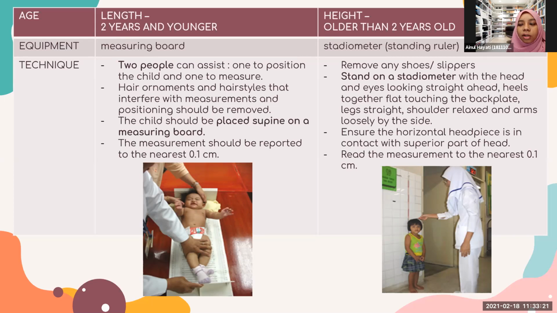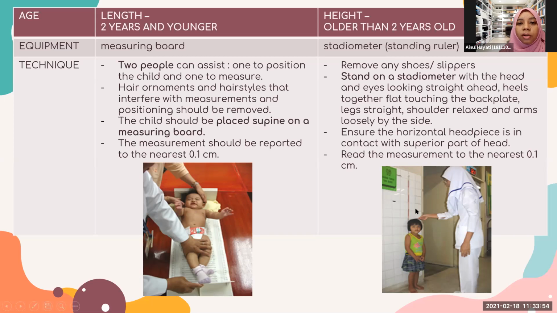So for children older than 2 years old, we should use a stadiometer, in the picture here, which is a standing ruler. Before the procedure, we must remove any shoes or slippers or any orthopedic braces such as leg braces, if possible. The child should stand on the stadiometer with the head and the eyes looking straight ahead, with the heels together flat on the floor, touching the back plate of the stadiometer.